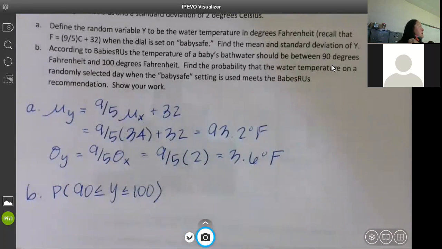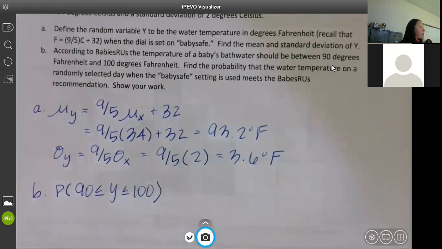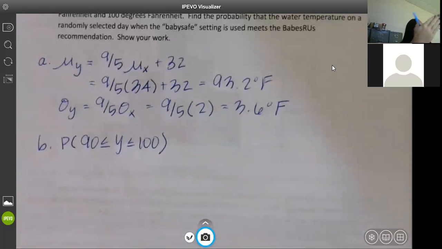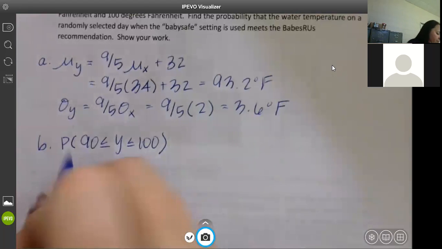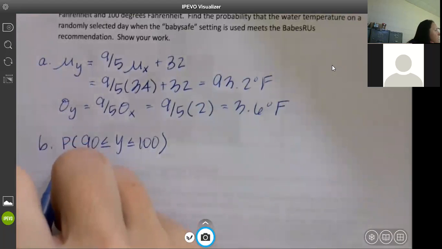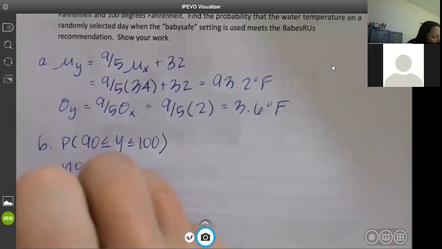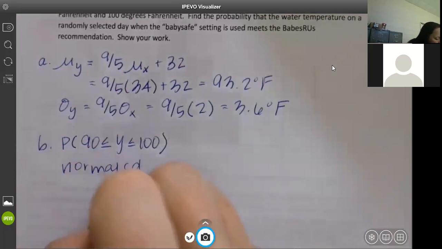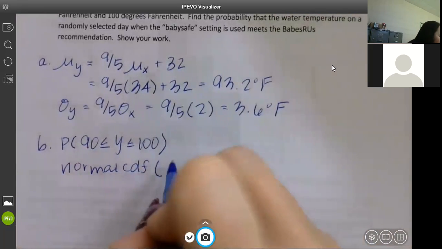I can write it, but when it comes to saying it, as long as you can write it. They don't do a verbal part on the exam. All right, how do I do this? I could do it by hand, but I don't want you to do it by hand. How do you do it in the calculator? Normal CDF. What comes first?